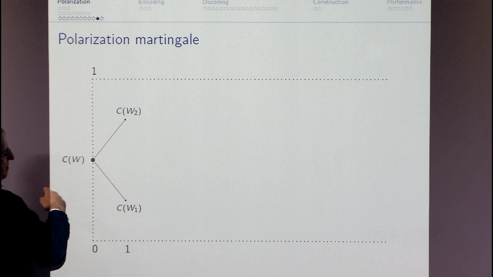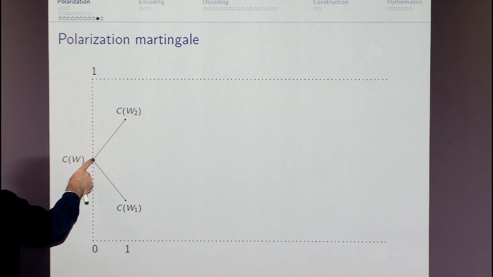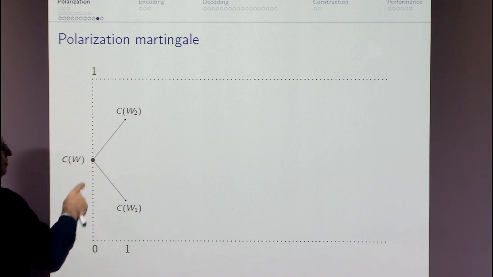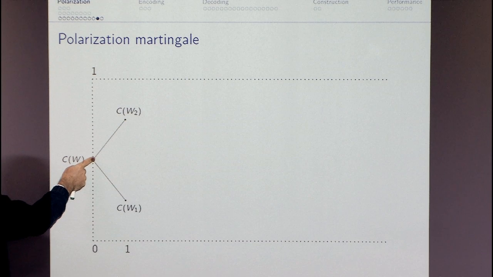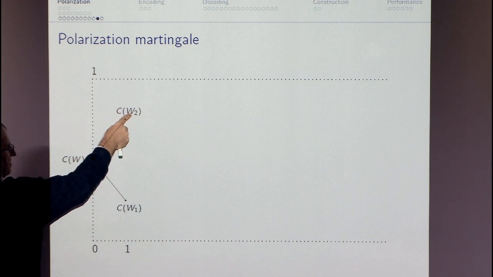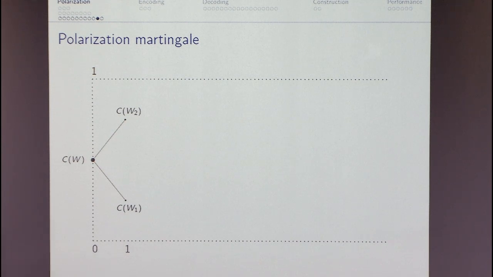It is like a random walk down a tree. With probability 1/2, you go up or down from the current node. Here we are initially at the root. With probability 1/2, we go up. With probability 1/2, we go down.